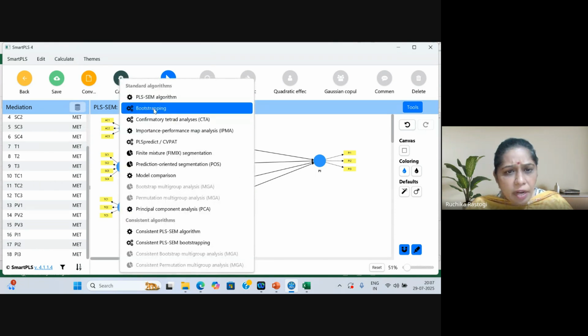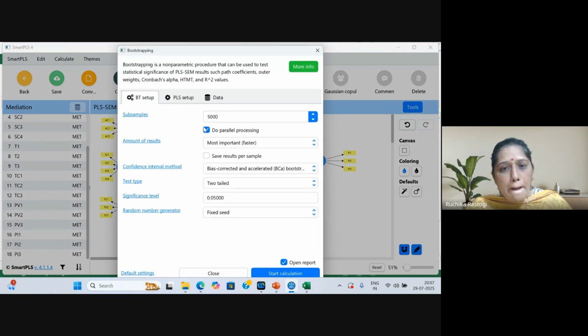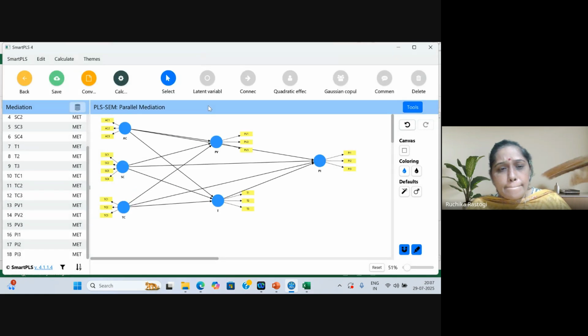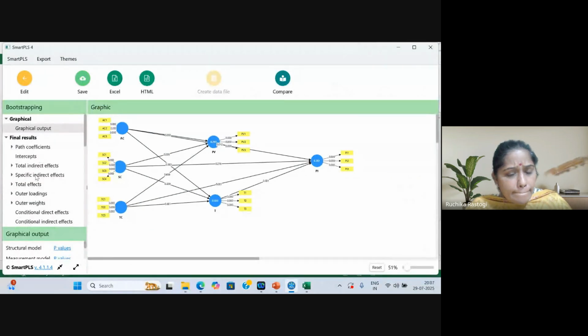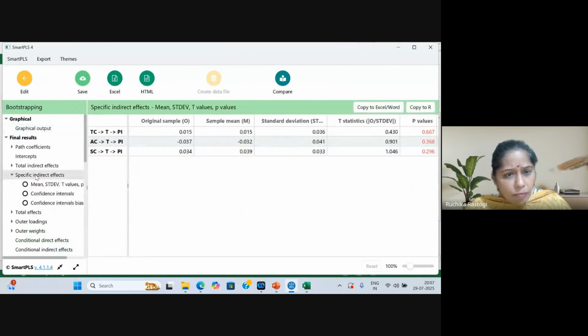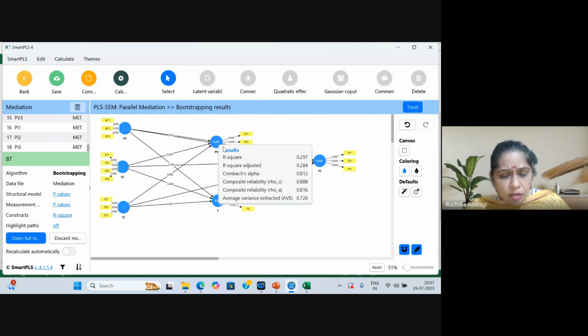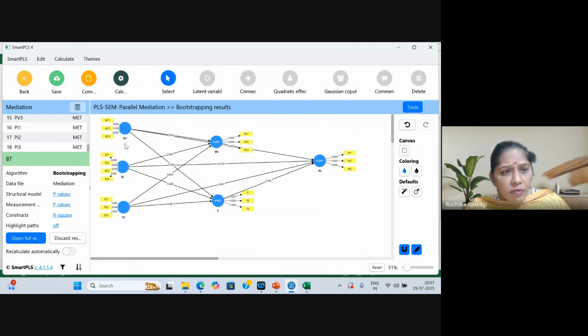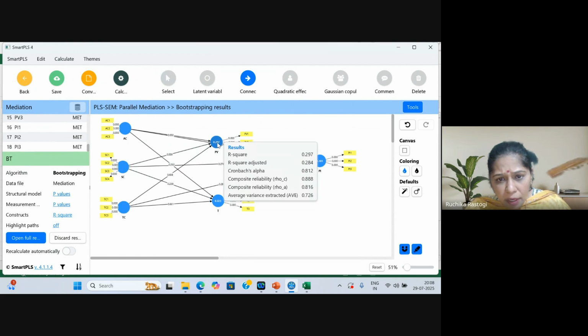It's not giving me the right values. Why is it not showing for PV? It should show for PV also. Okay, wait. Connect. I think I have lost my connection to this.